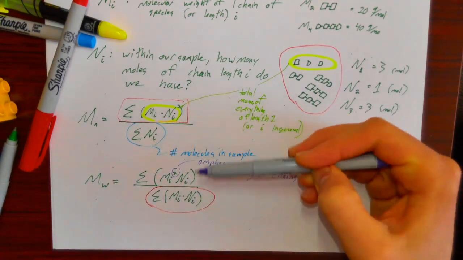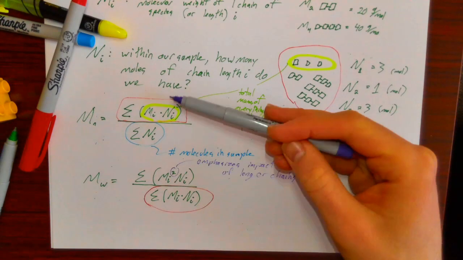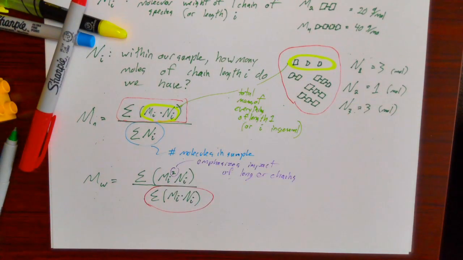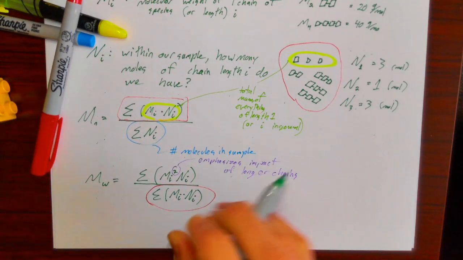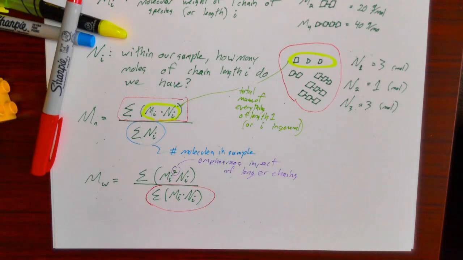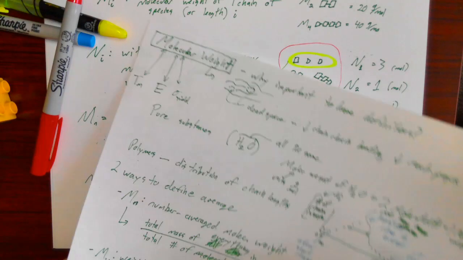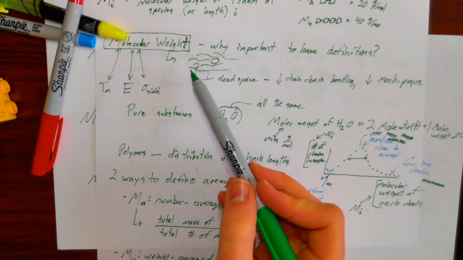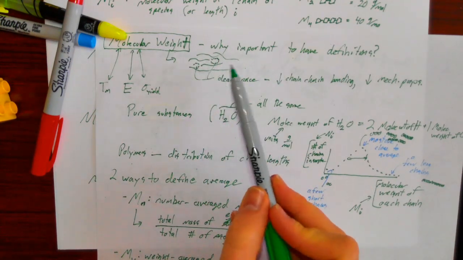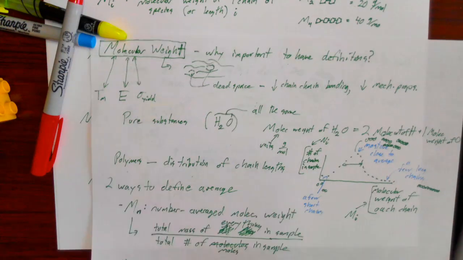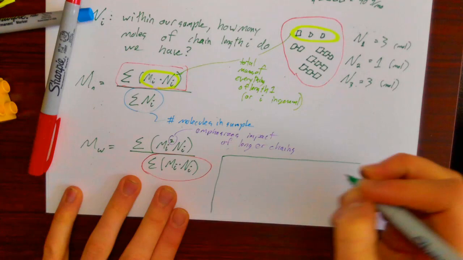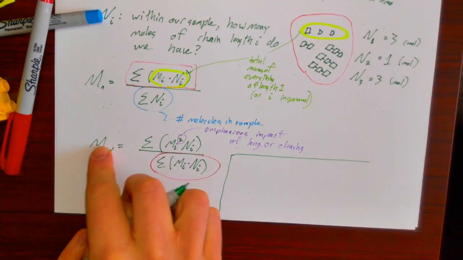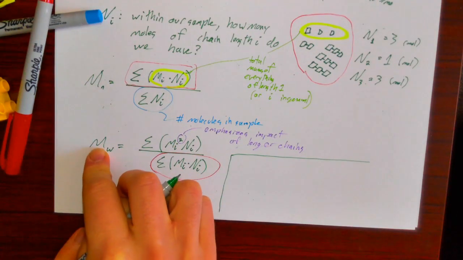And you might say, like, geez, why do we need two separate definitions of molecular weight? If we go back to our motivations, there's this connection between molecular weight and macroscopic properties. It turns out that some macroscopic properties correlate better with M sub n, and others correlate better with M sub w.